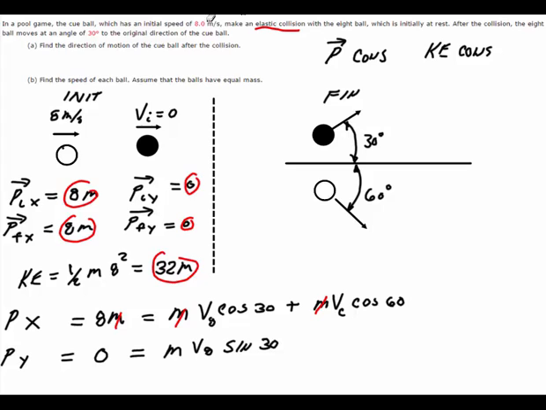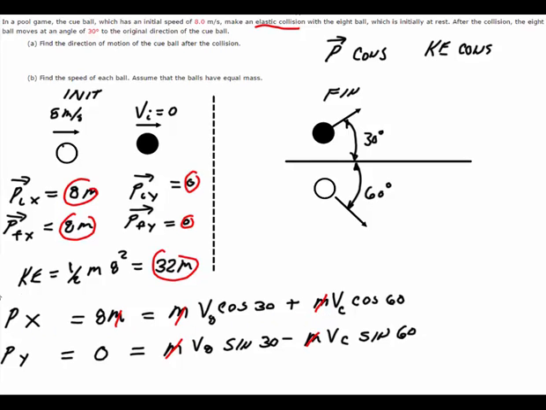I'm going to make that go negative because the velocity is going in the negative direction, so the momentum will be negative. So we've got minus m times velocity of the cue times the sine of 60 degrees. Again, I can divide by masses because if I divide this side by m, I also get 0. So masses are gone.